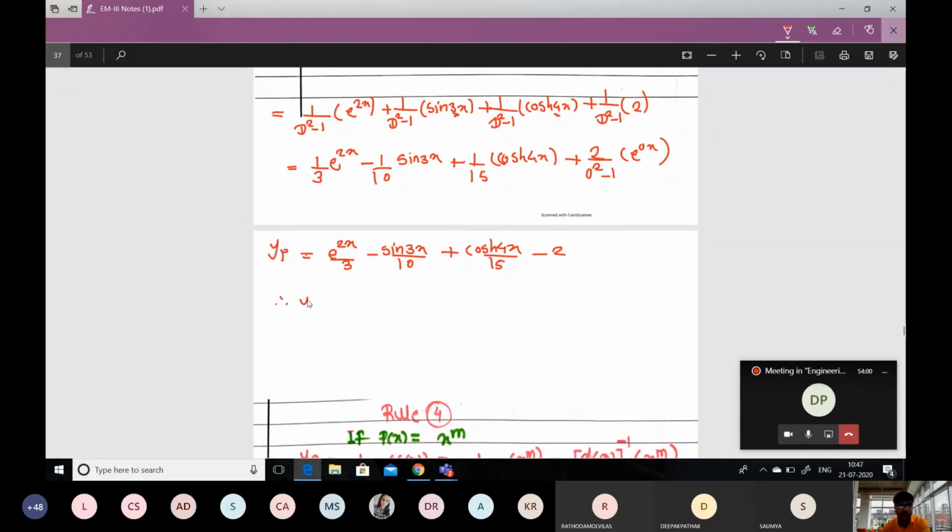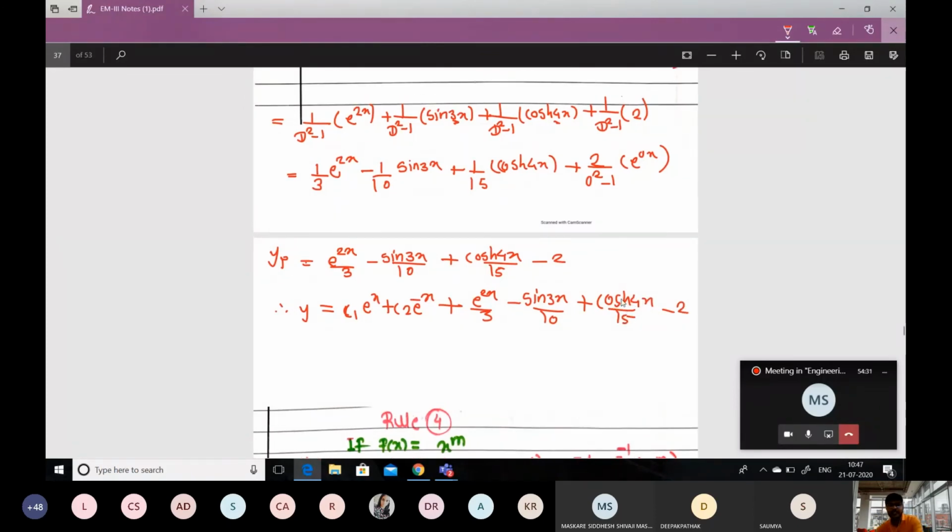And once you get yp, therefore y equal to C1 e to the power x plus C2 e to the power minus x, and this particular integral as it is: e to the power 2x divided by 3 minus sine 3x divided by 10 plus cos hyperbolic 4x divided by 15 minus 2.